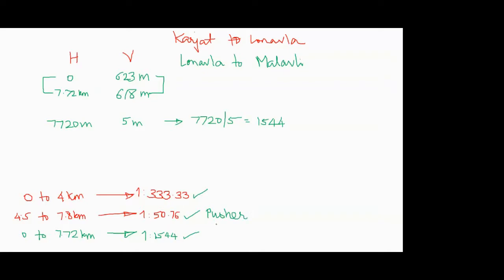And we don't know the ruling gradient, that is the design gradient that was taken by the Indian Railway or the Central Railway for that section. It can be anywhere between these two values. We don't know that, but we know for sure that this is the pusher gradient.